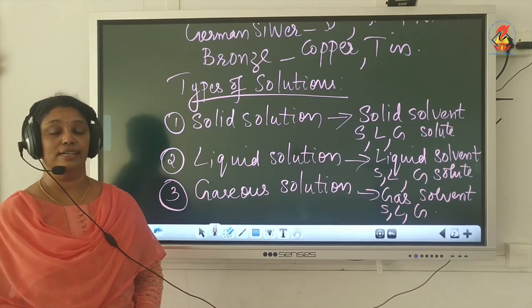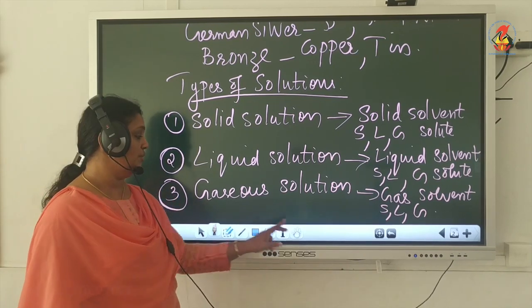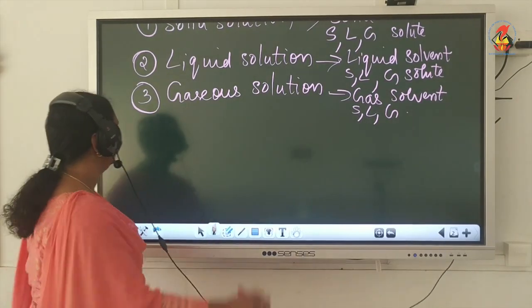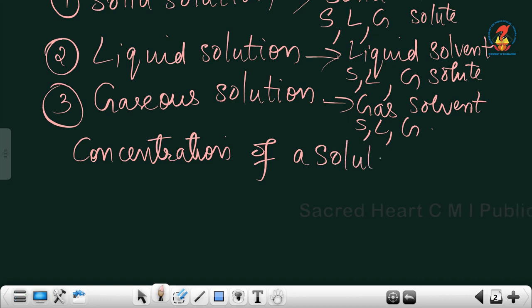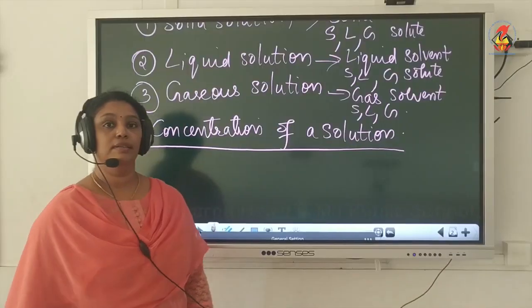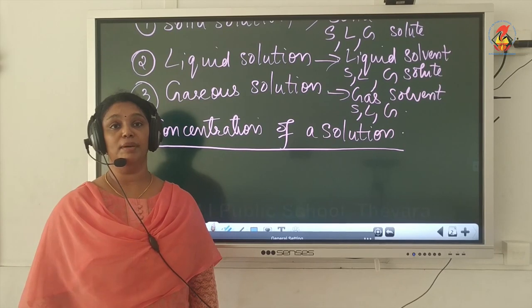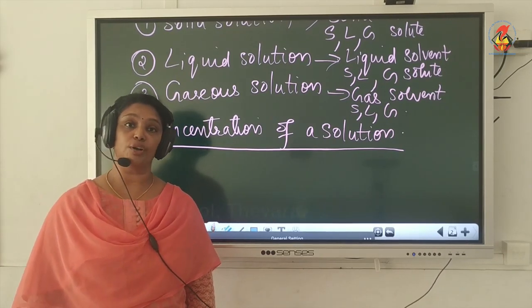Next, we are going to discuss the different methods for expressing concentration of a solution. Now, concentration of a solution means the maximum amount of solute that can be dissolved in a given amount of solvent.